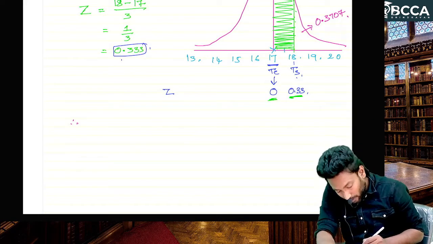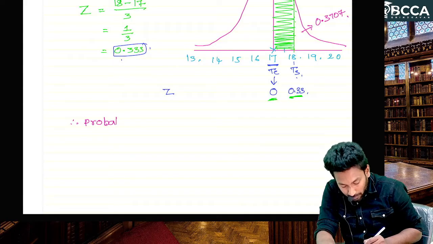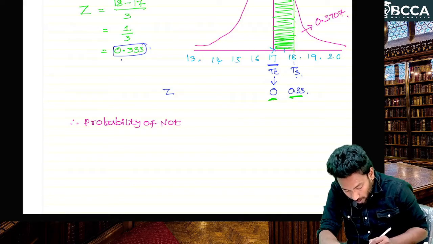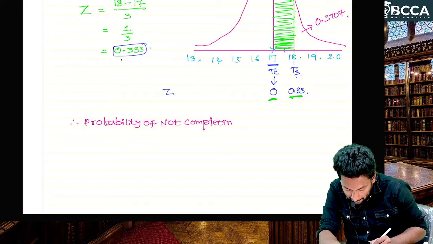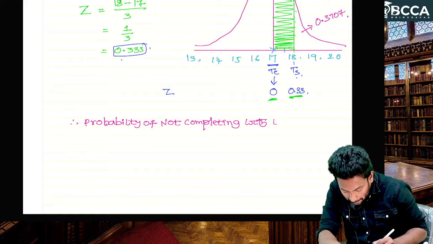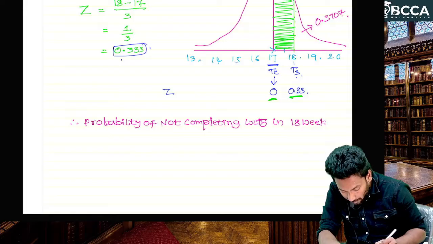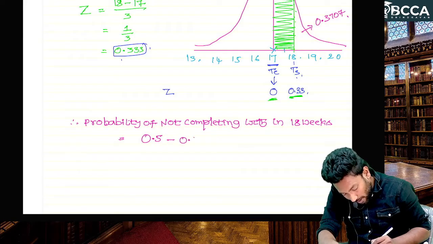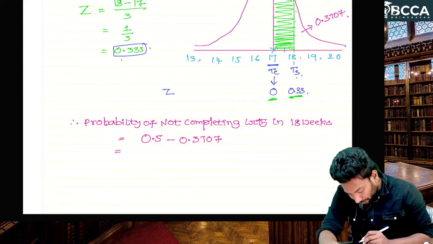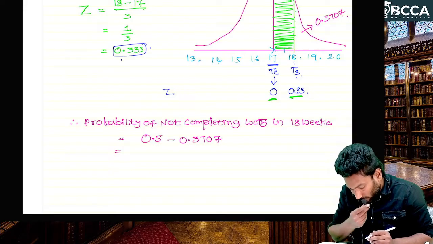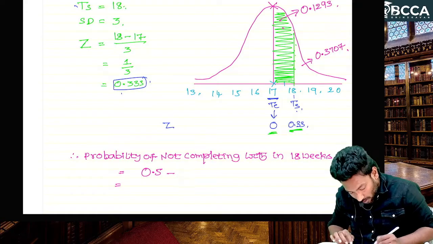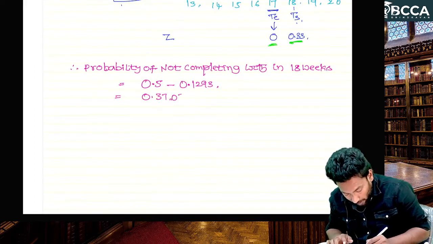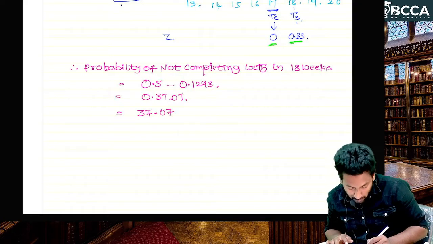Therefore, the probability of not completing within 18 weeks is equal to 0.5 minus 0.1293, which is 0.3707. That means a 37.07 percent probability.